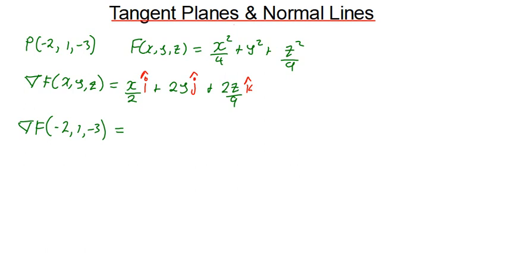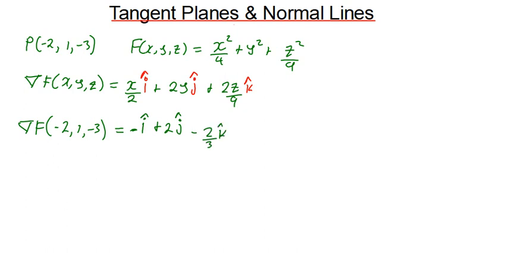That will give us negative 1, which is just negative i. Then for the other part, we substitute 1 for y. We get a 2, so that will give us 2j. For the other part we substitute negative 3, so we have 2 multiplied by negative 3 divided by 9. That will give us minus 2 over 3 in the k, like that.